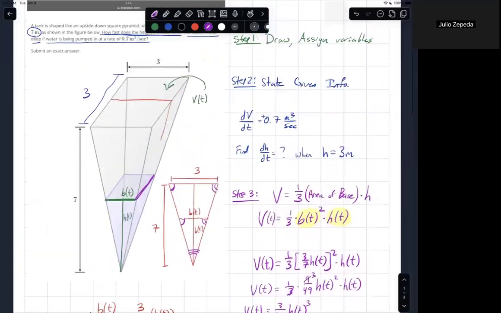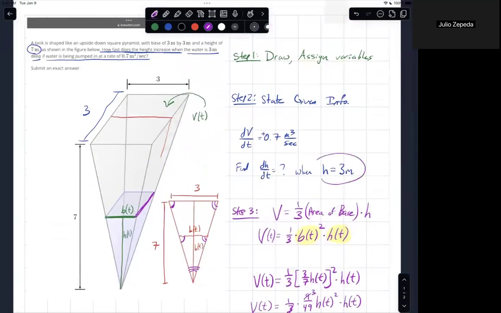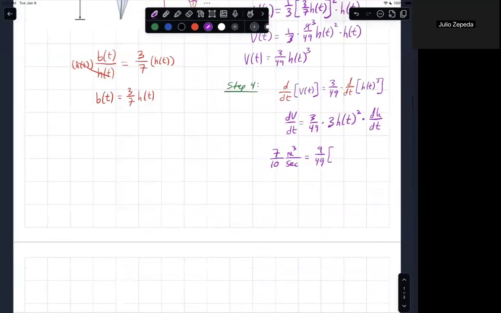dv dt is 0.7 cubic meters per second, and we'll write that as a fraction. So 0.7 is 7/10 cubic meters per second. And this is equal to 3 times 3, that's 9/49. The height at the moment in question here is 3 meters.